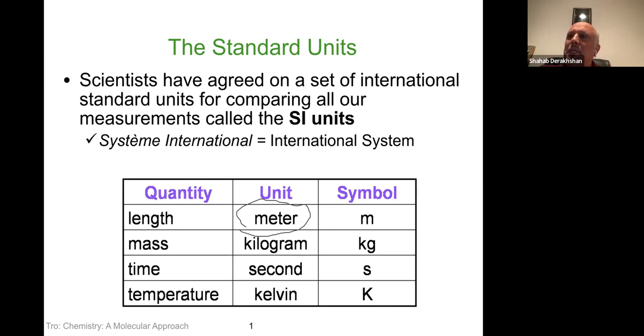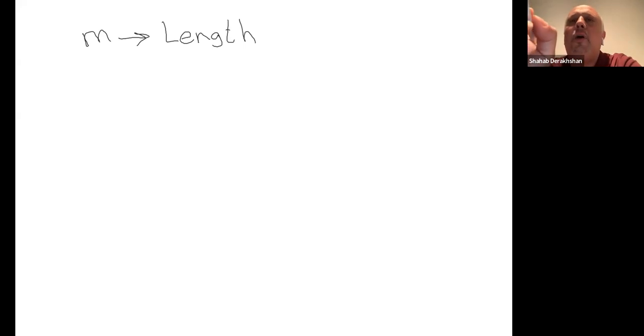Let me move to the whiteboard. So for example, we learned about the unit meter, which is related to length. Alternatively, we also know about second, which is related to time.